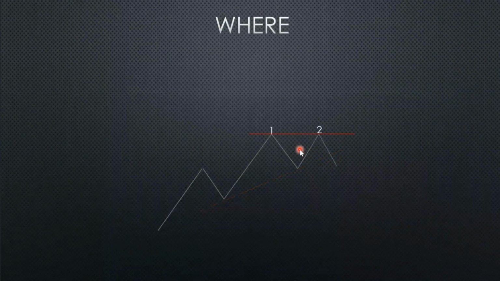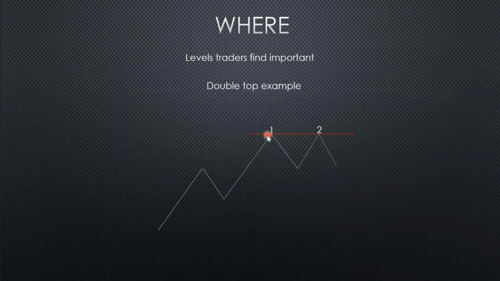This is an example here of a double top. We have price not being able to make higher highs. And if you extend this line and price comes up, it touches there, you have a triple top. You are looking for your 1, 2, 3, your break pullback in this area.